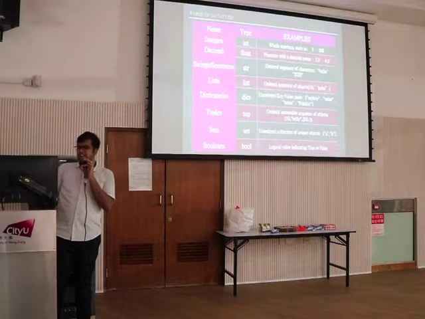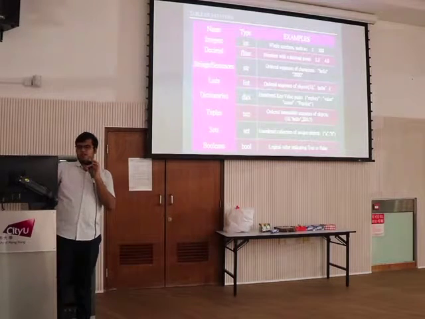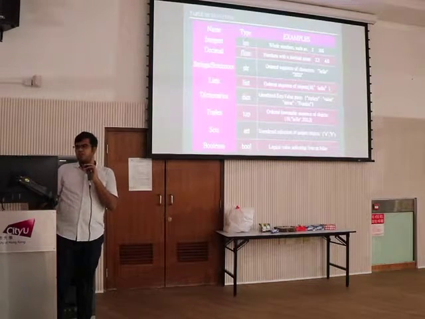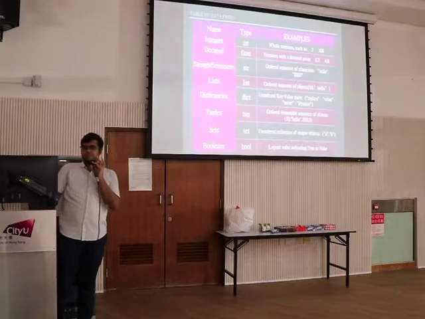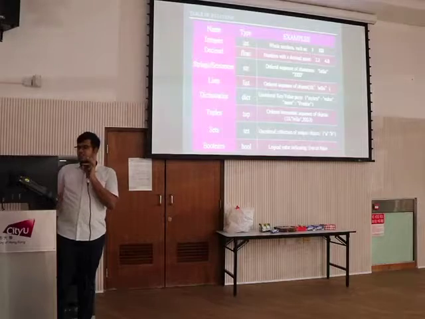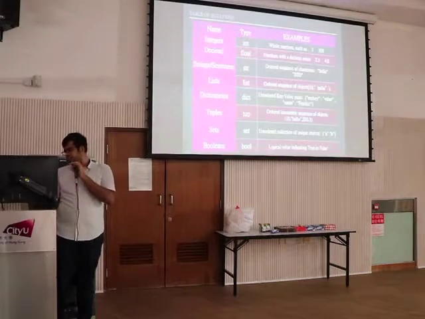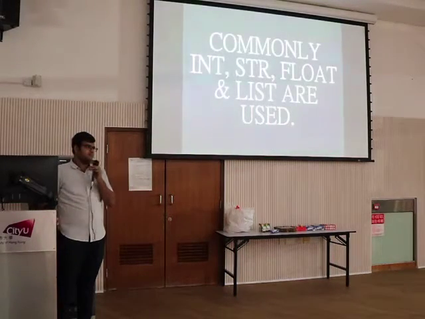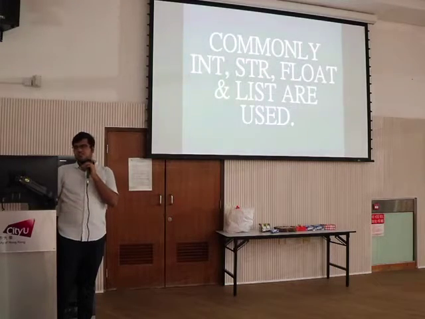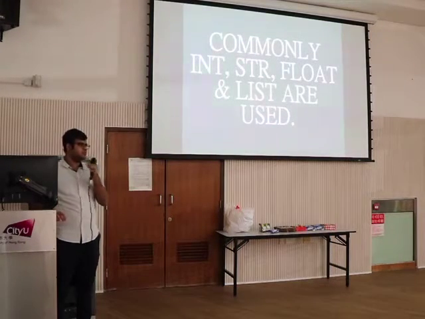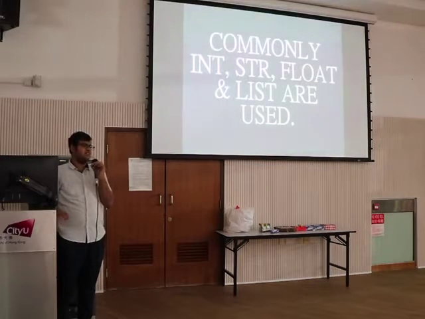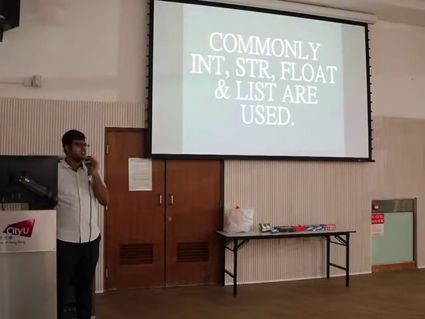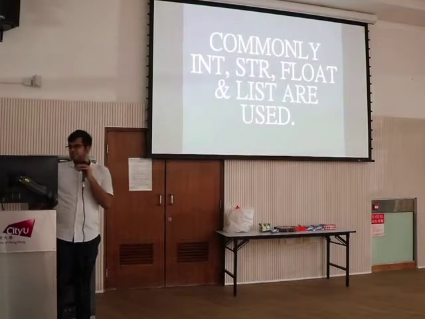All of these have a syntax. A list requires square brackets. Dictionaries require one thing to be defined with the other. A tuple requires parentheses. A set uses curly brackets. And like I said, commonly integer, string, float, and list are used. Even if you try to crack difficult problems in Python, you'll still manage to do it with these 4.